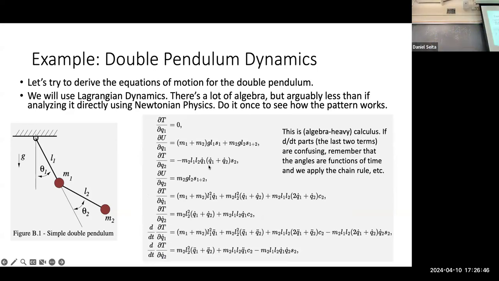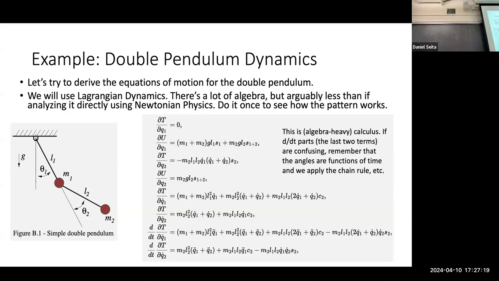And then you get... Yeah, that was it. So again, the algebra here, the only tricky part is keeping track of everything and understanding that Q2 is the generalized coordinate for theta 2.